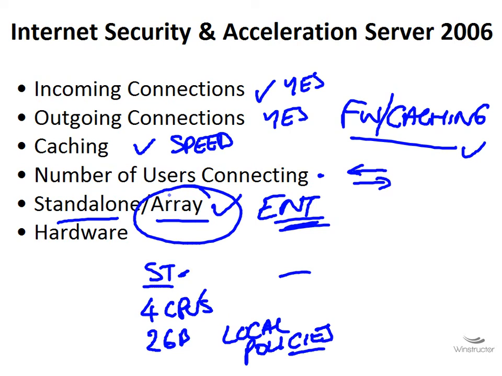So that means if you purchase the standard edition of ISA server and you've got, say, 5 ISA servers in your environment, you'll need to manage 5 ISA servers separately. Now, on the other hand, this Enterprise Edition, it's a little more expensive, but it does integrate with Active Directory, and that allows us to centralize our policies by setting up an array. And you can just configure the array once, and then all of those settings will cover all of the ISA servers in your array. So it's really easy to manage multiple servers from a single location.